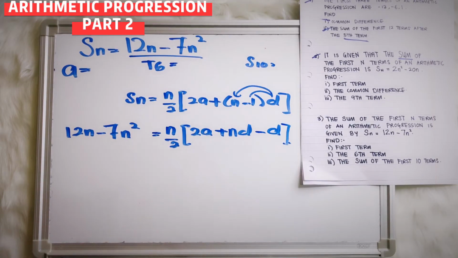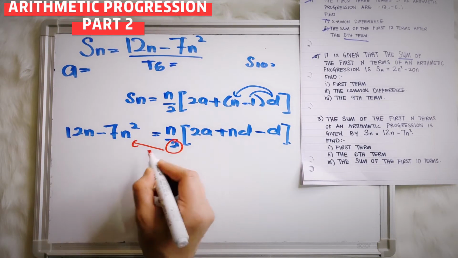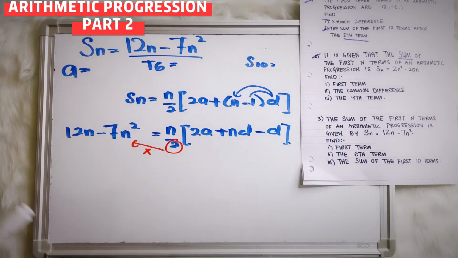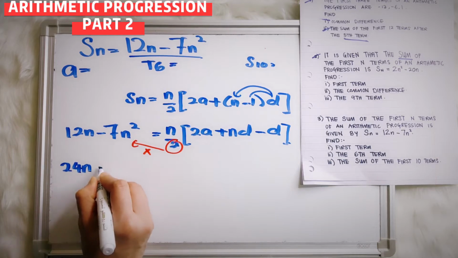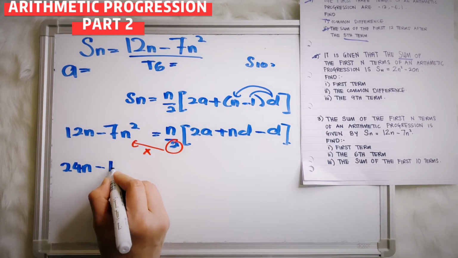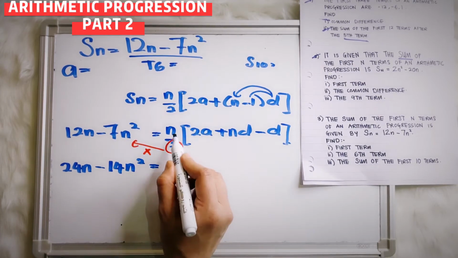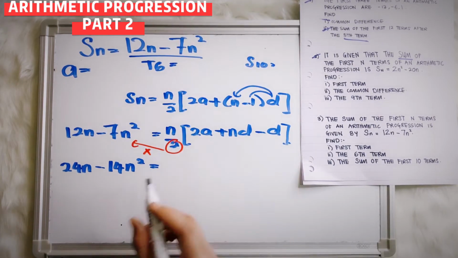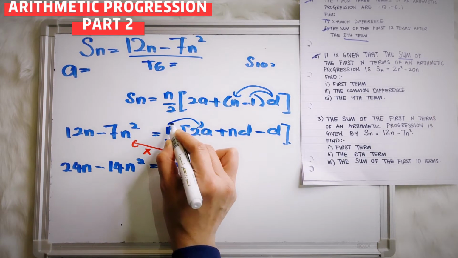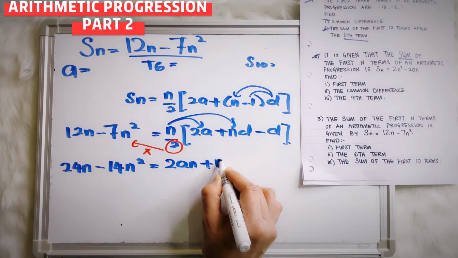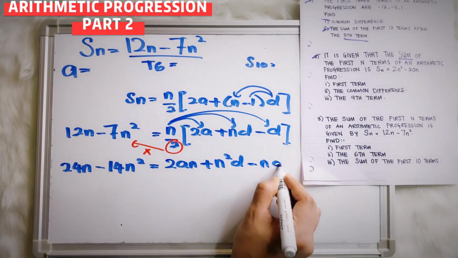Now I want to remove the 2. I bring it to this side, so we multiply. 12 times 2, we have 24n minus 7 times 2, 14n square equals, now we expand here: 2an, n square d, and negative nd.